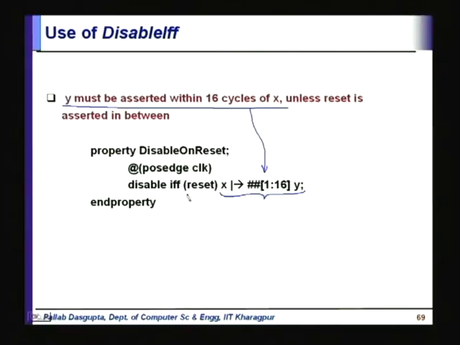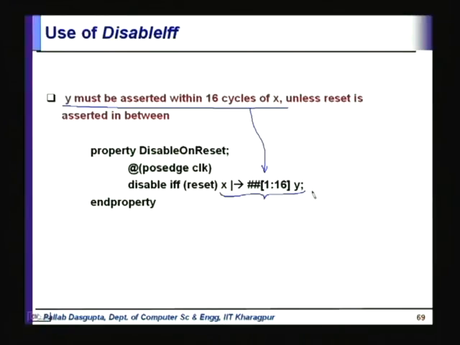Now, before that we have this disable iff reset. This says that the checking of this property will be aborted if reset comes anywhere in between. While you are matching this property, if a reset signal is asserted, then the checking of this property will be disabled.